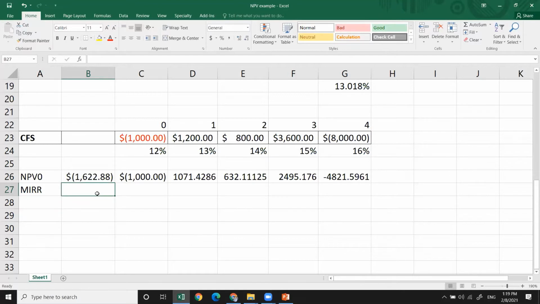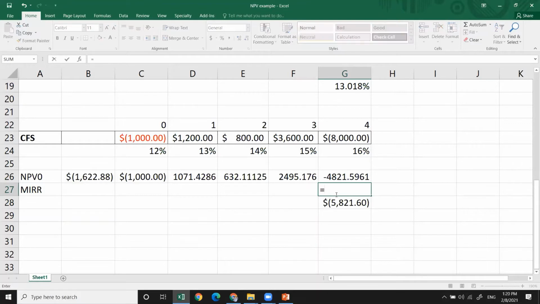But with MIRR, as we know, I should discount all the cash outflows. So this is discounted plus my 1,000. My total outflow is this one, discounted for MIRR.